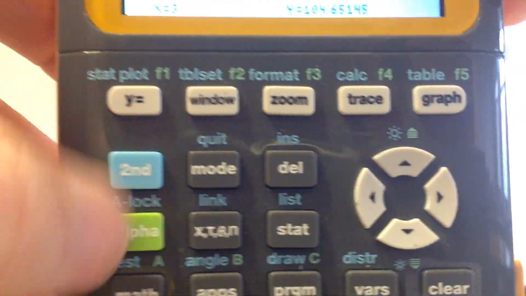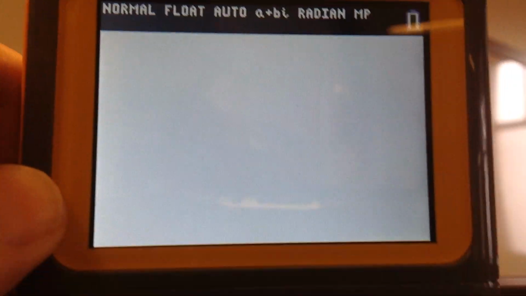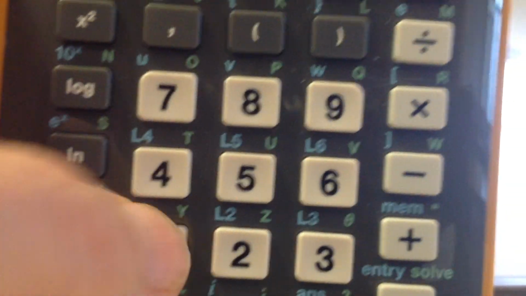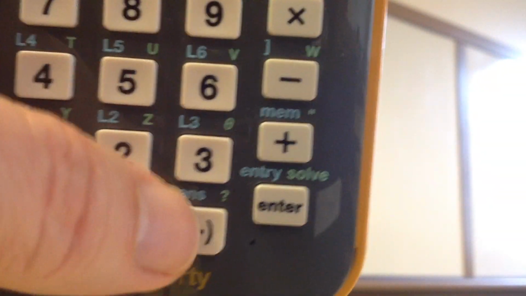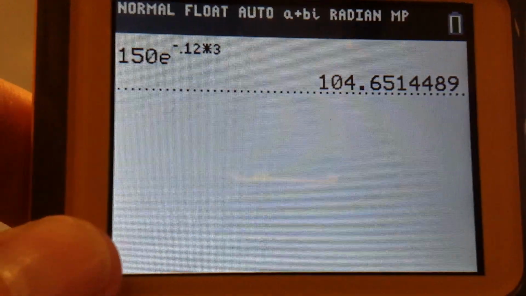We can also quit, hit second mode, and that takes us out to the calculation window. And we can just calculate 150, then e, so hit second, and there's e to the x. And then minus 0.12 times 3. We've just input that 3 for the value of t, and when we hit enter, there it is, 104.65.